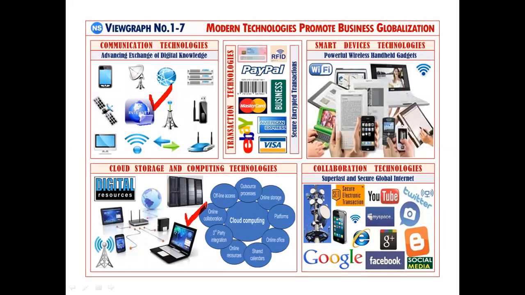Cloud storage and computing technologies are also enabling. We talked about that. Collaboration technologies are enabling our enterprises to become global. And the smart device technologies, we're all very familiar with nowadays.